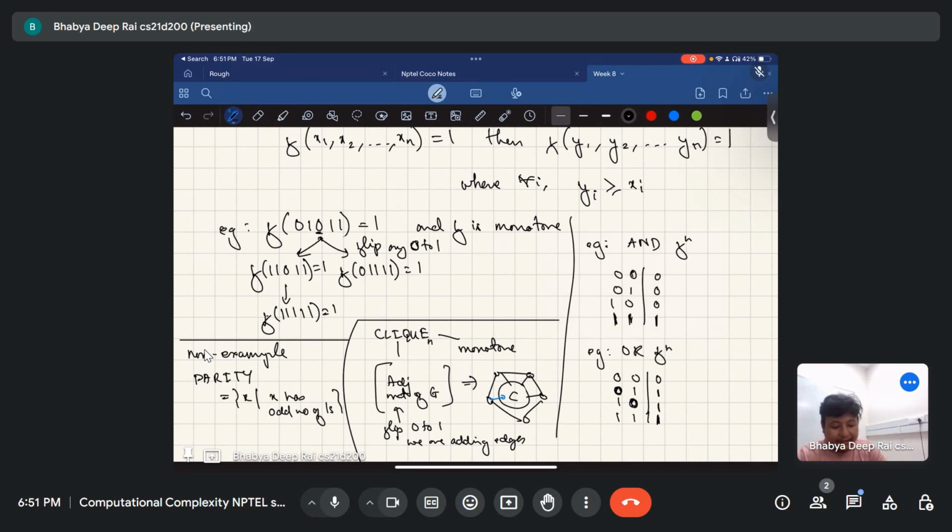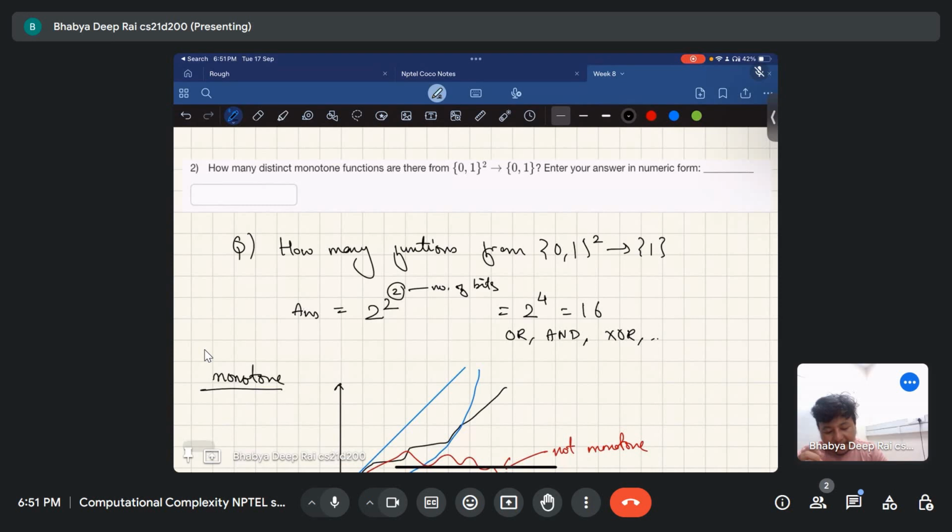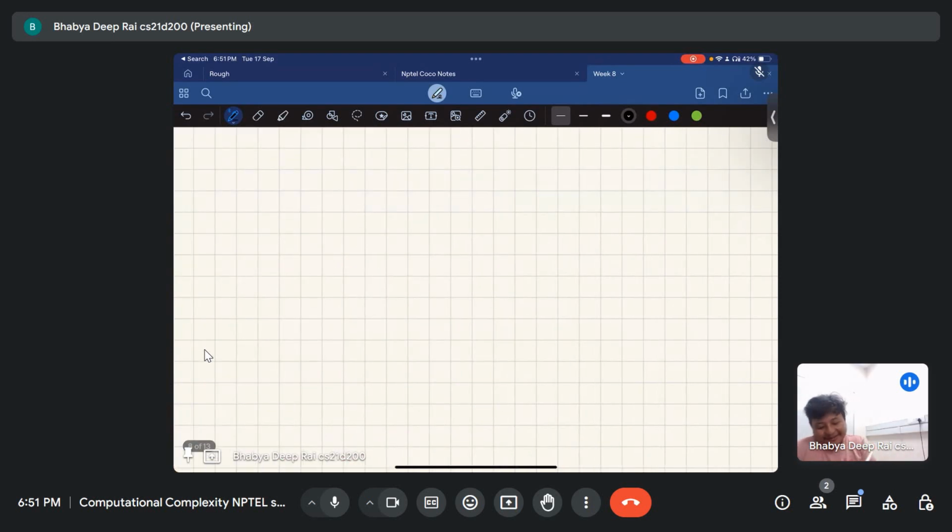Okay. So now that we have that, the question is how many distinct functions are there? It's 2 bits only.